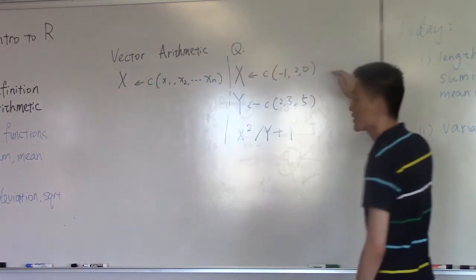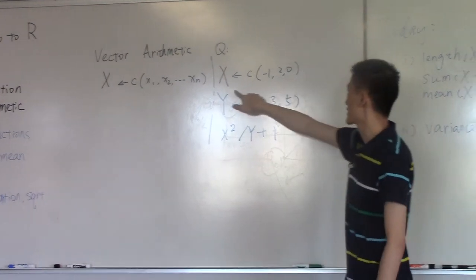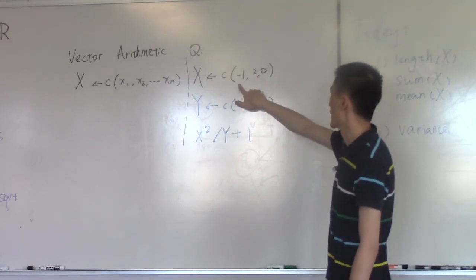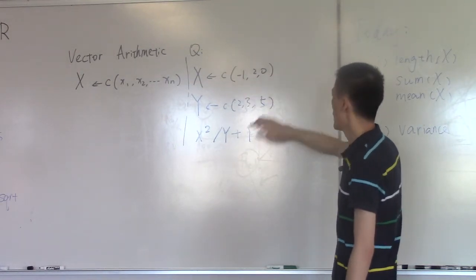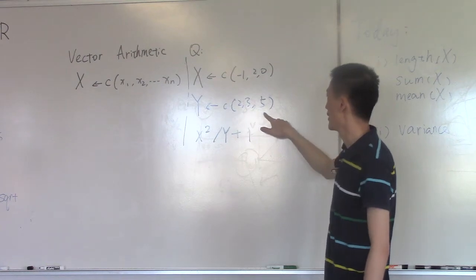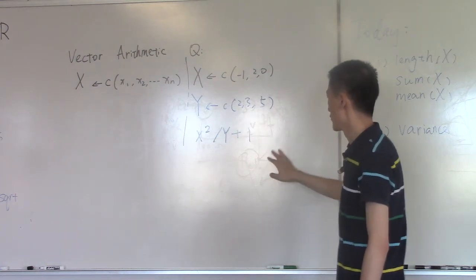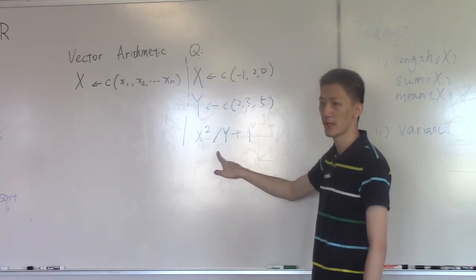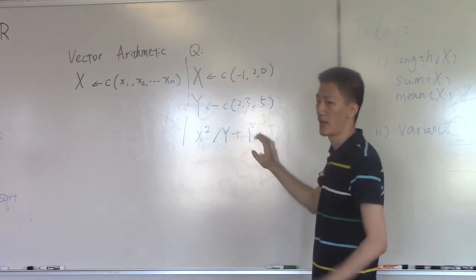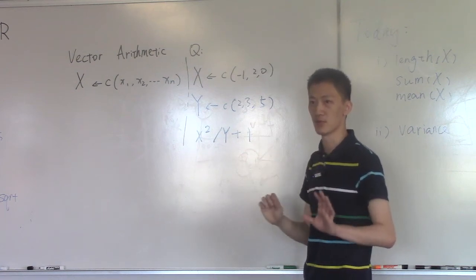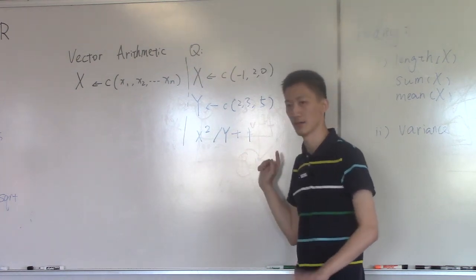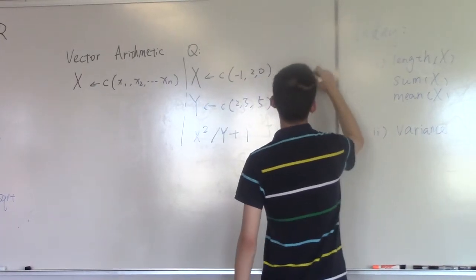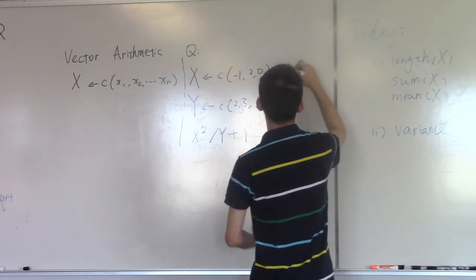So here's a question for you. Suppose x, so this is a big X, suppose x is minus 1, 2, and 0, and y is 2, 3, and 5. So would you give me the answer of x squared divided by y and then plus 1? I'll leave you a few seconds to work on that while I'm writing more on the boards.